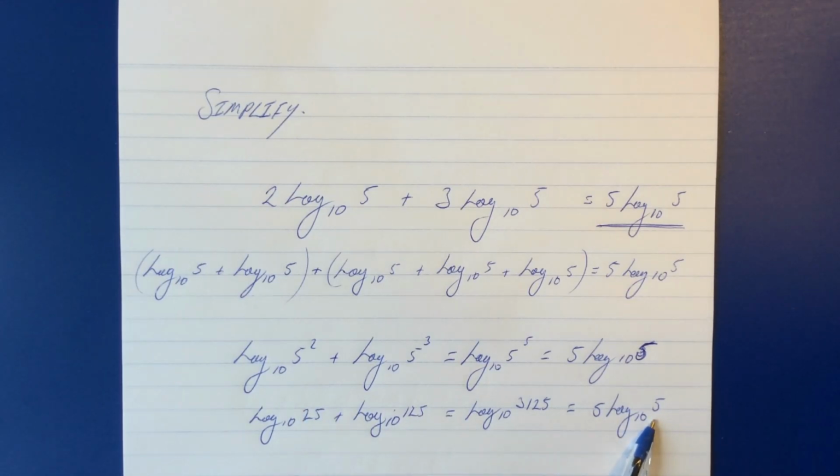which also conveniently is 5 to the power of 5. Let me say that again. We've got log 10 of 25 here, log 10 of 125. 25 times 125 is 3125.